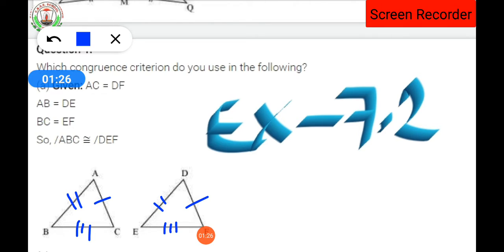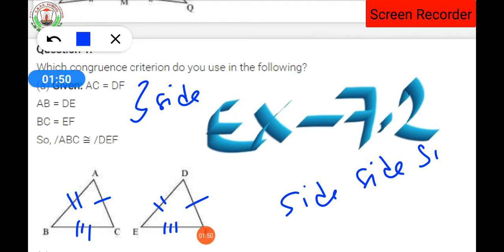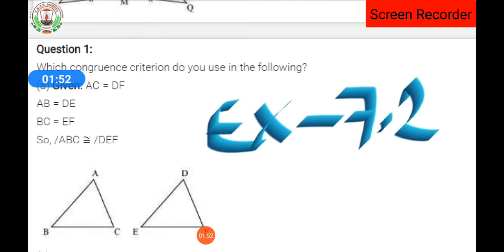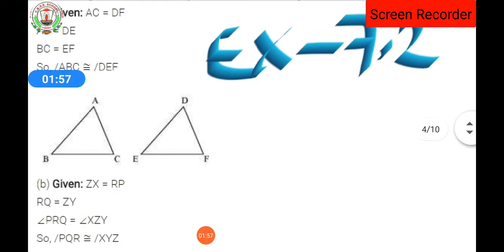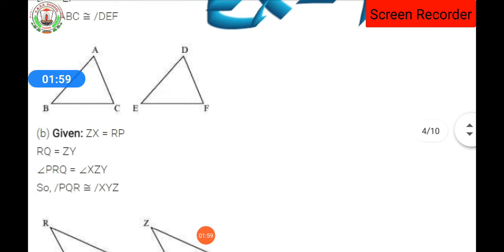That means the measurements of all three sides of triangle ABC are equal to the corresponding sides of triangle DEF. As three sides are given, the side-side-side congruence criteria is applicable for the first question. Clear everyone?